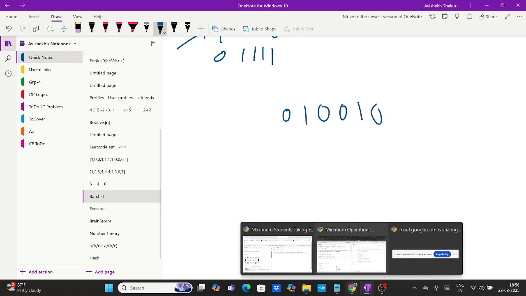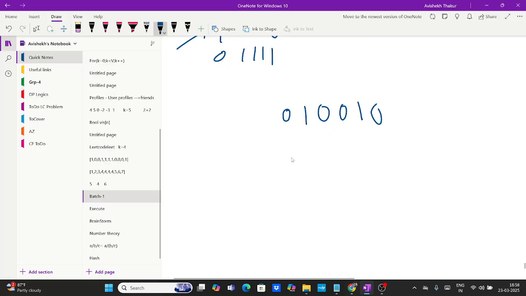So let's say this is the configuration of the previous row. Okay, and I am asking you, tell me, can a student sit here?